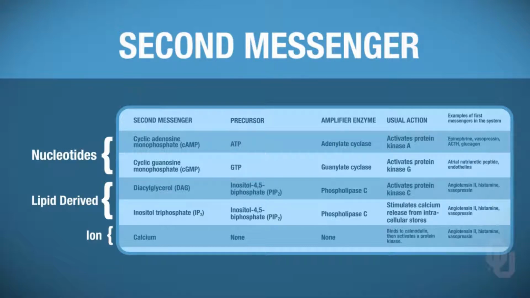In a separate video, I will introduce you to the cyclic AMP second messenger system, as well as DAG, IP3, and calcium. When we get to phototransduction, the eye and vision, we will talk about the cyclic GMP second messenger system. That concludes this video.